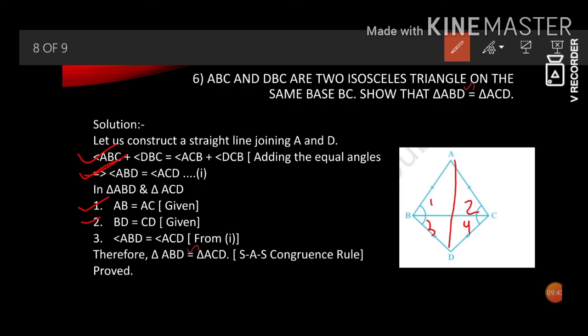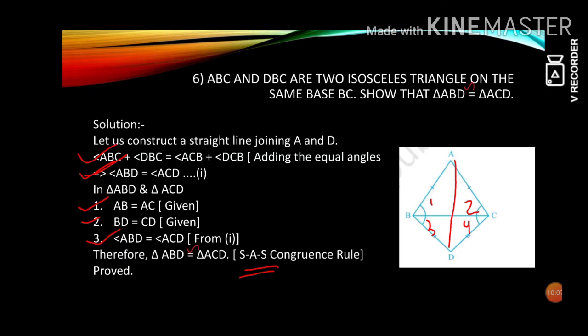And angle ABD is equal to angle ACD that we have found in relation 1. Therefore, we can say that triangle ABD is congruent to triangle ACD by angle side angle congruency rule, since the side is included between the angles.